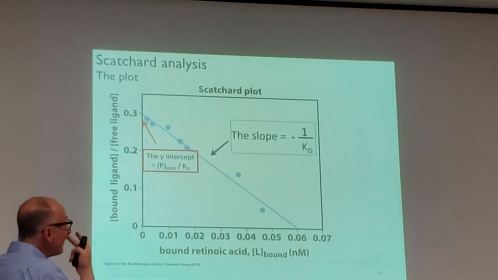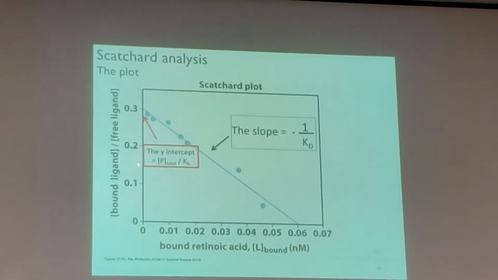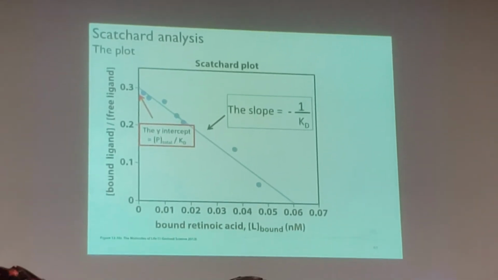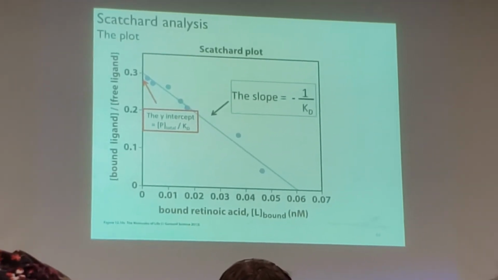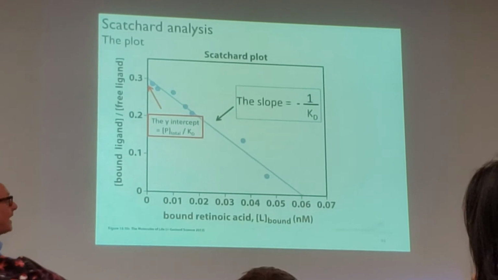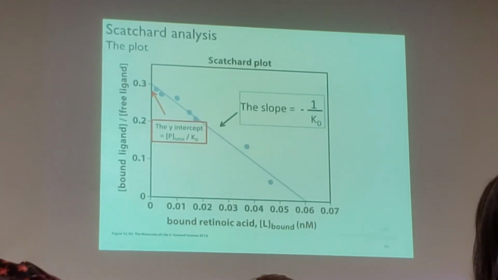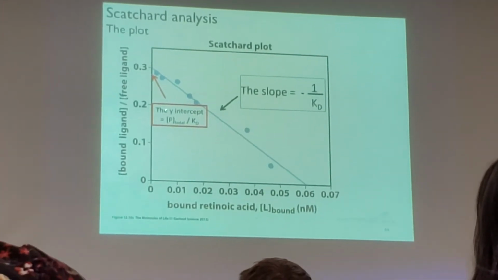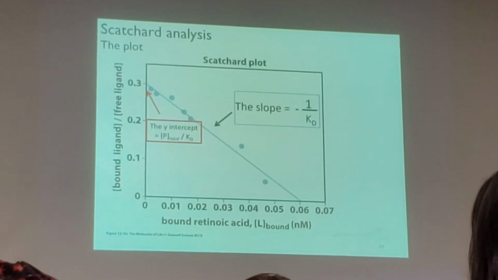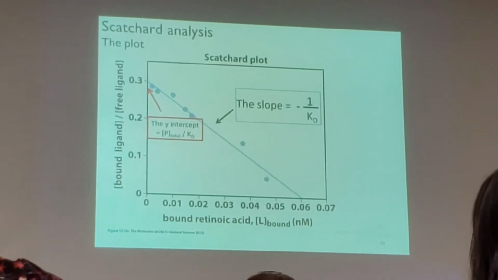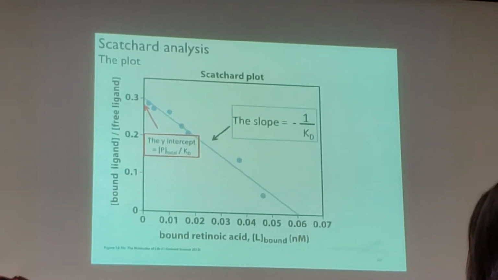The other really nice thing is the y-intercept is really informative, because that gives me my total protein over my KD. If I combine those two things, that's pretty powerful. I figure out the KD from the slope, and then using the intercept I can figure out what my total protein concentration is.